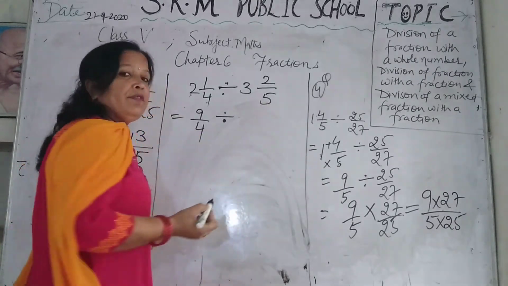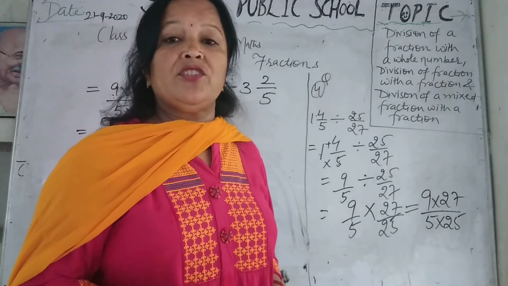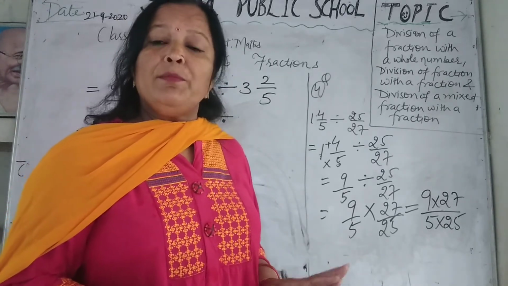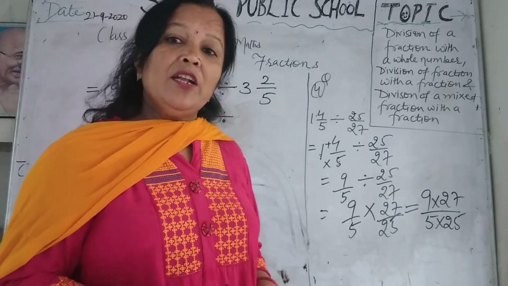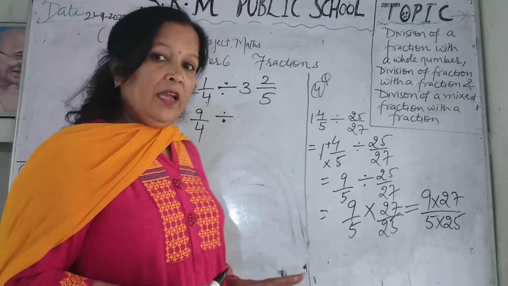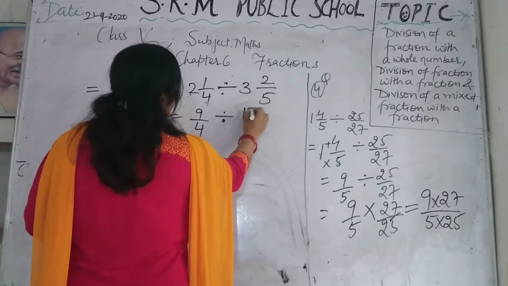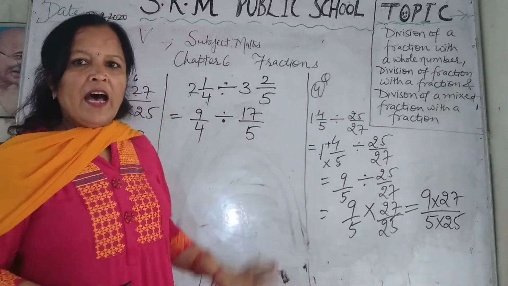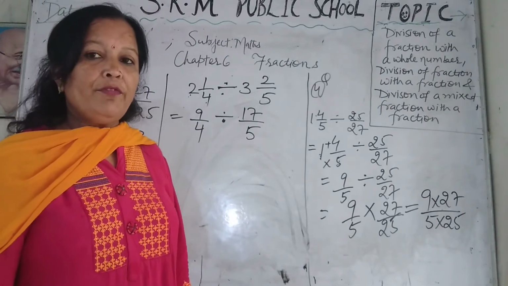But when you convert the division sign into multiplication, the reciprocal of the second fraction is taken. Then the numerator will be multiplied with numerator and denominator with denominator. Now 5 3s are 15, 15 plus 2, 17 upon 5. Now both of the mixed fractions are converted into improper fractions.